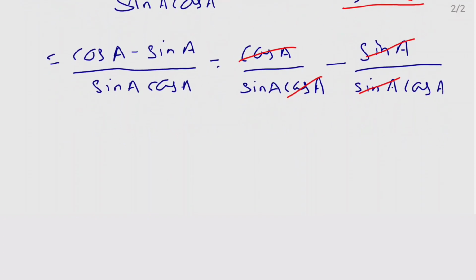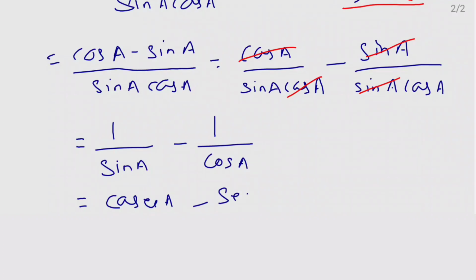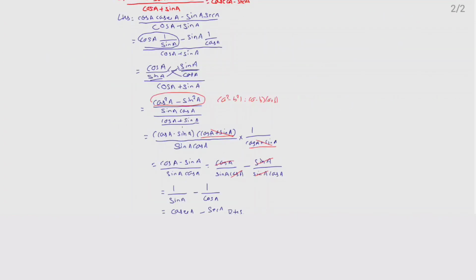So remaining terms here 1 divided by sin A minus 1 divided by cos A. So 1 divided by sin A we can write cosec A, minus 1 divided by cos A we can write sec A. So this is our RHS. So see here the given RHS is cosec A minus sec A, and here we proved cosec A minus sec A. Hence proved. Is it clear?